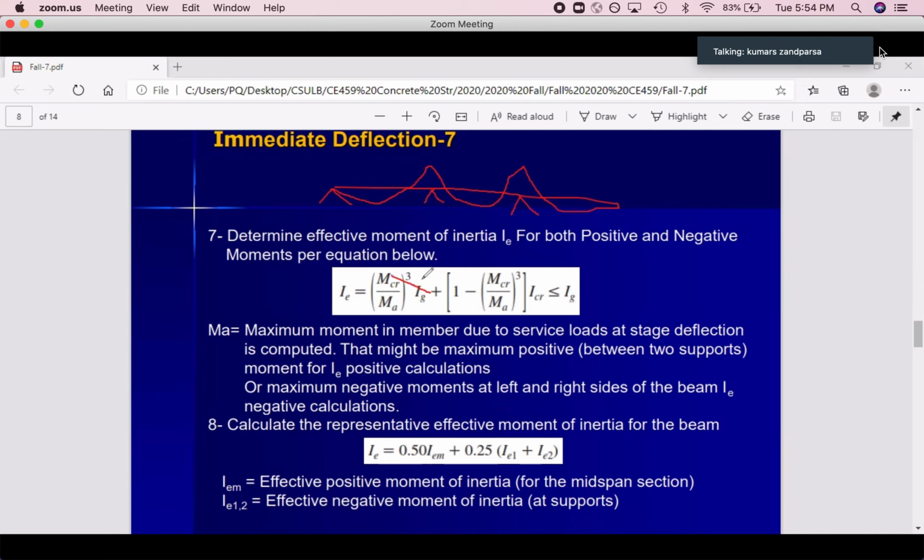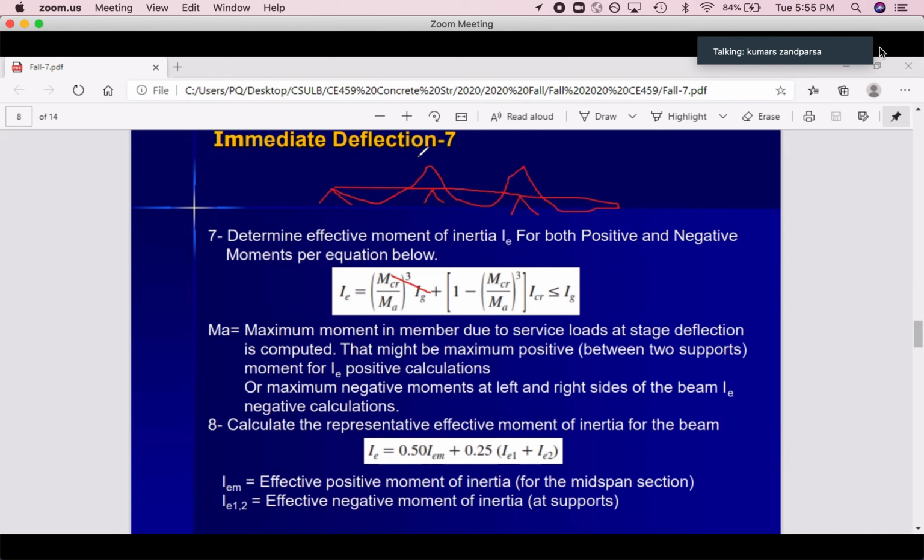Not this one, 2 IG negative, 1 IG positive. Yeah, 2 I crack negative, 1 I crack positive. So we have to calculate all these. This part all negative, this part all negative.